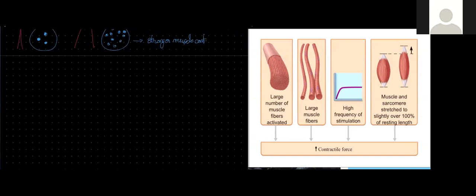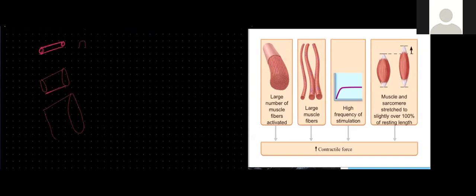A third factor that we discussed last time was the size of the muscle fiber. If I have a small muscle fiber, I will be performing a weaker contraction compared to a medium-sized muscle fiber, compared to a large-sized muscle fiber.